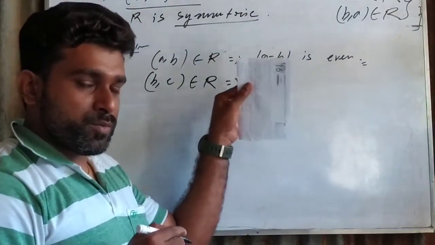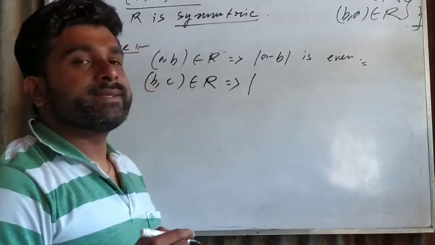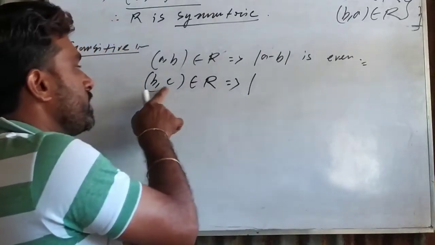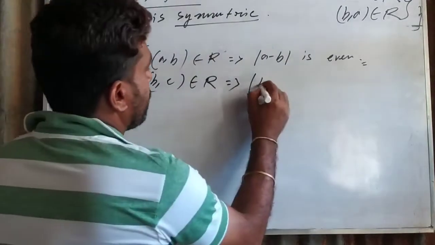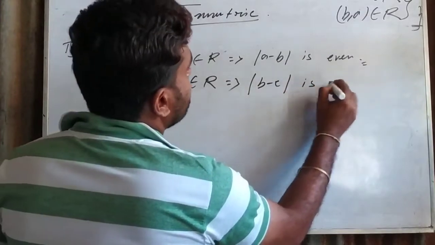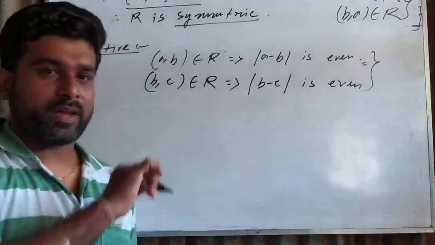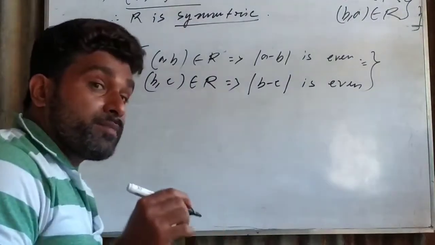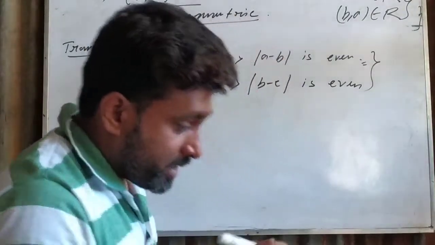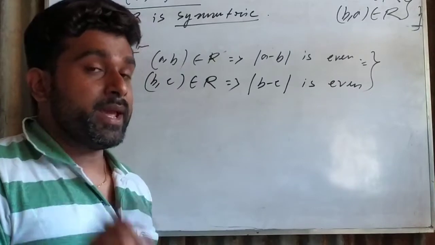And the condition is what? Mod of A minus B is even. Here the friendship between B and C is there. That means B minus C is even. These 2 friendships, we know they are there. Now we have to verify whether there is any kind of friendship between A and C or not.